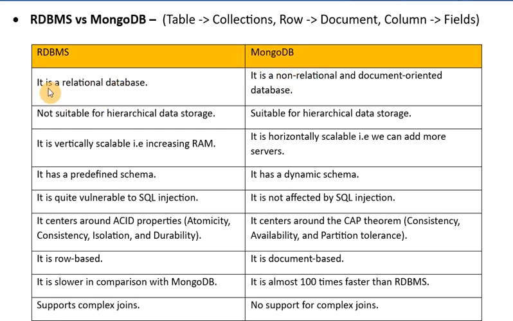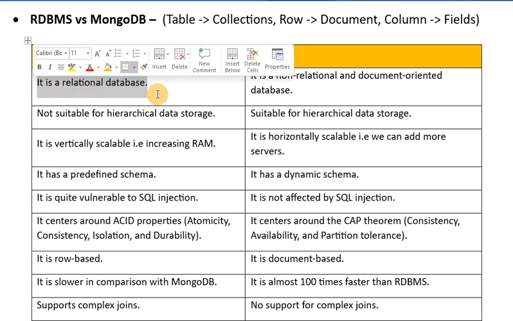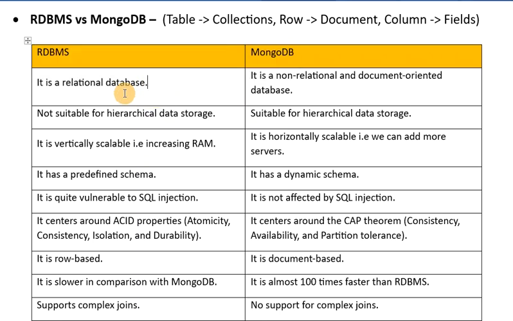You can see the first point is very common. It is a relational database. Obviously, its name is RDBMS, relational database. It means we were storing the related data in a tabular format. That is why it is called a relational database. But here it is a non-relational database.